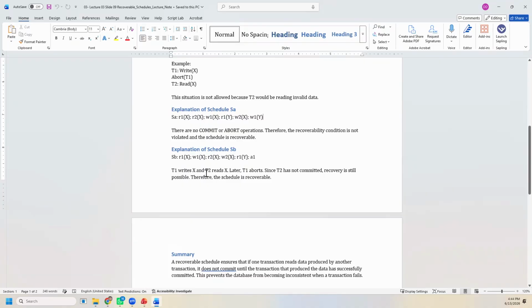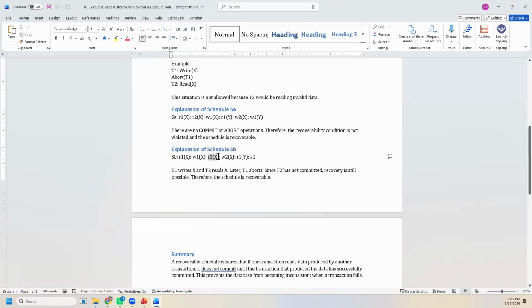Then SB, what happened? R1X, W1X, R2X, W2X, R2X, and A1. That means abort, right? Here T1 writes X, and T2 reads it.